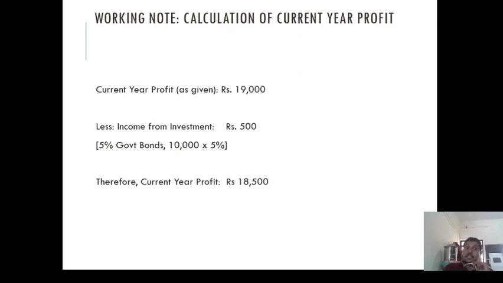They have given the profit as 19,000, but we have to reduce income from investment, that is to say tax-free government bonds. 5% government bonds, right? 10,000 into 5% is rupees 500. Let us reduce that. Then we will get the correct current year profit. Correct current year profit is 19,000 minus 500, which is 18,500. So current year profit in reality is rupees 18,500.